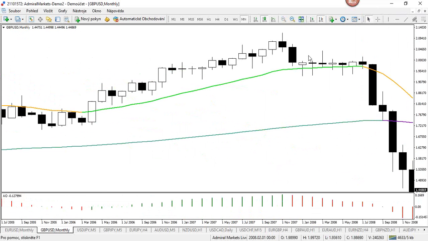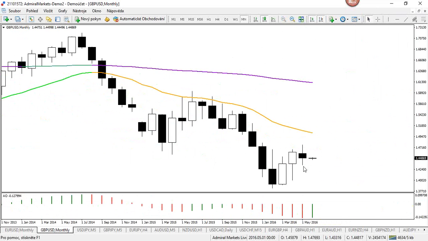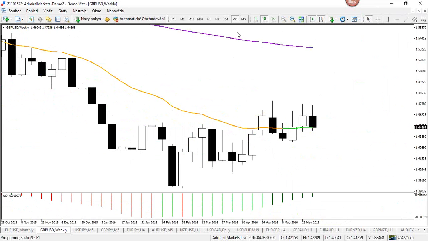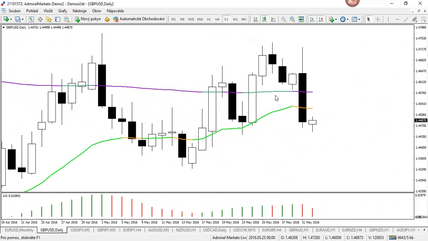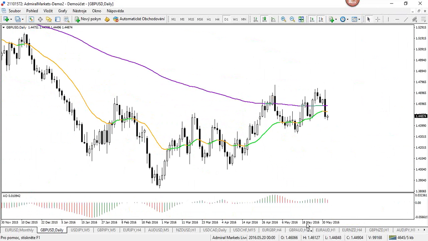Pound dollar monthly is not looking as bearish. Although the daily is very bearish, and I do think we'll get a momentum continuation from that. Once again, if you have a strong bearish candle like this in front of momentum, that trend line should break.